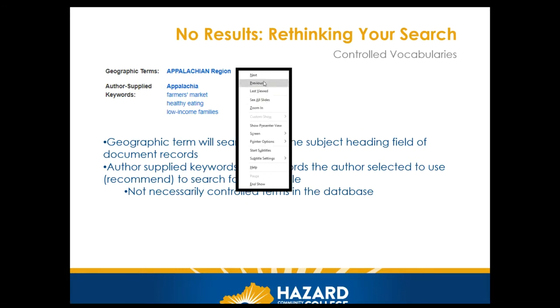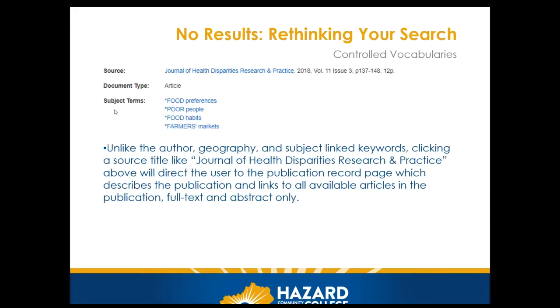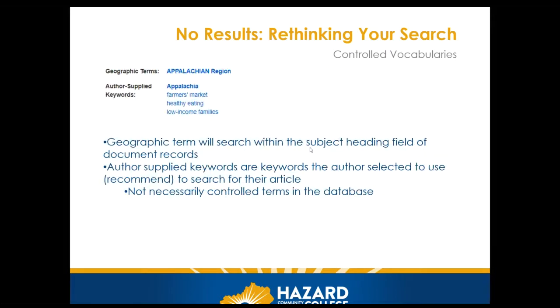Let me just go back, because there is some nuance to that. Subject terms are controlled terms within the database. These are created by the people who create the metadata on the backside. Author-supplied keywords are literally words that the article author has pulled out, and that is how they categorize their article. So there's some difference there.